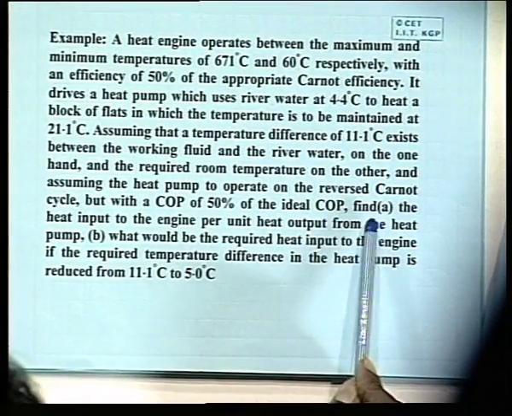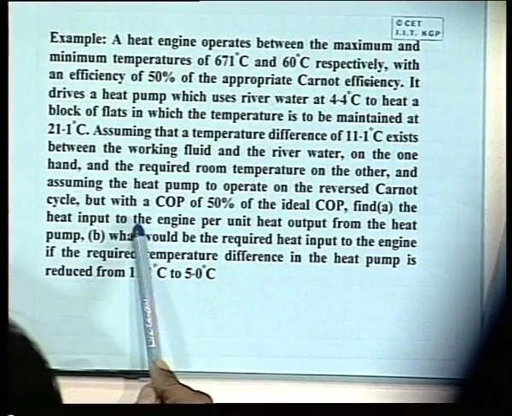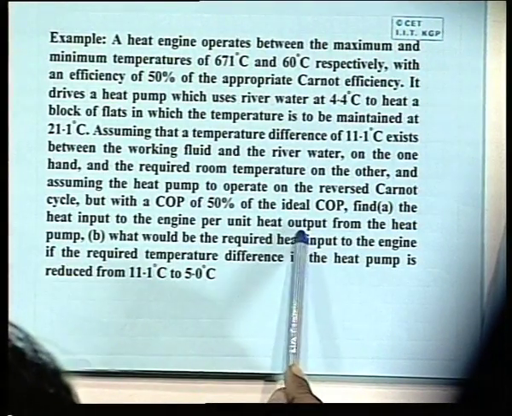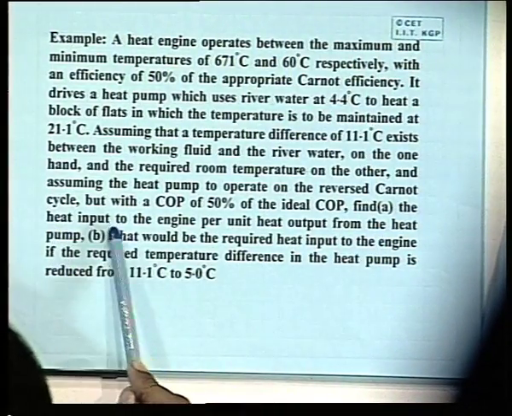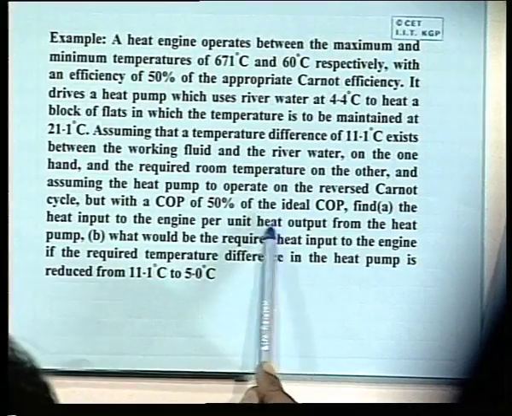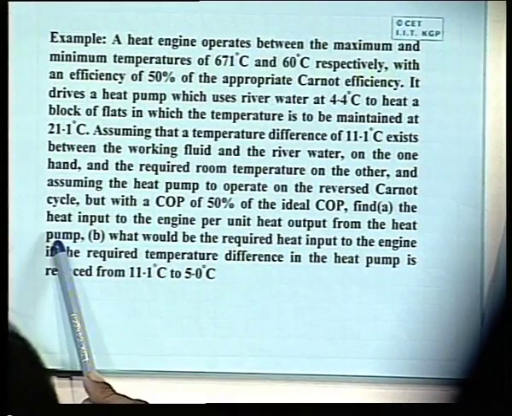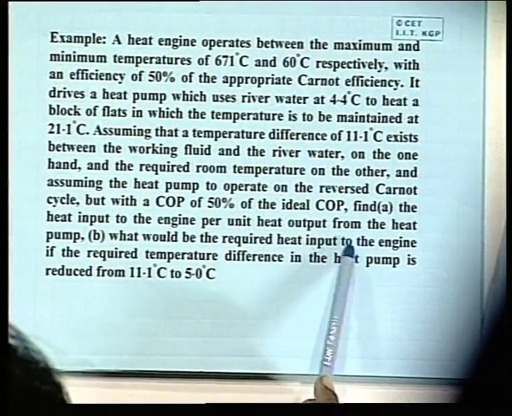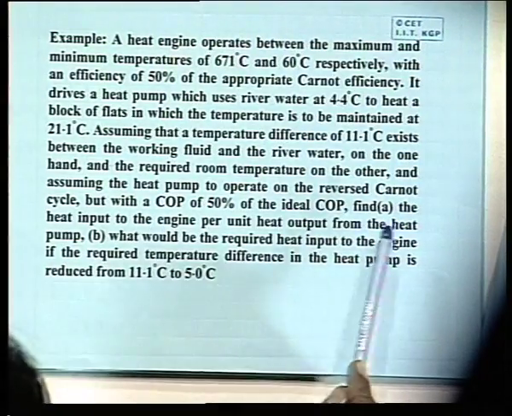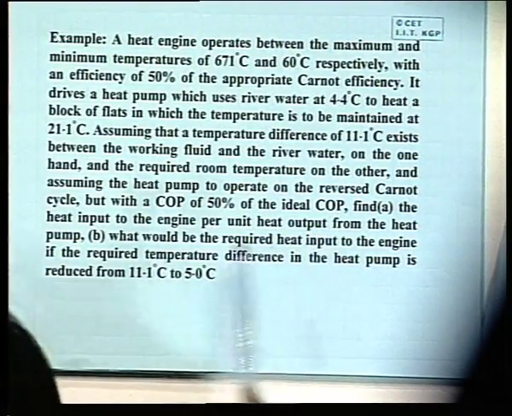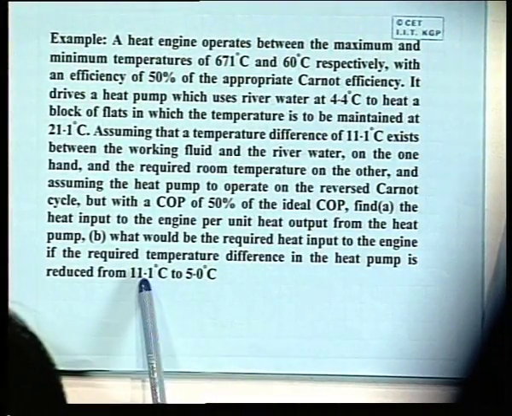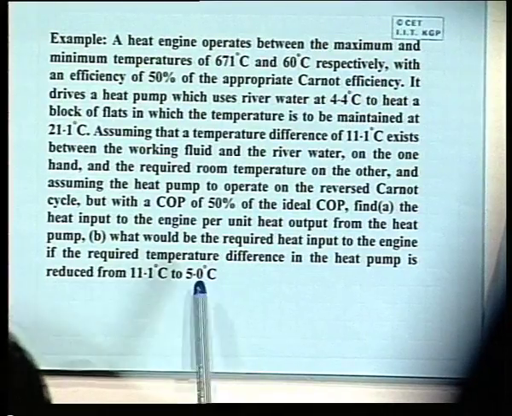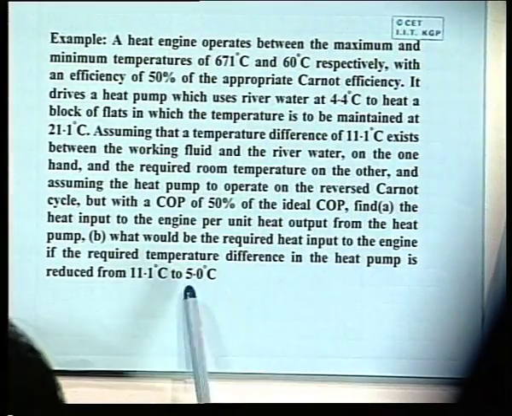So, if this be the case, we have to find out the heat input to the engine per unit heat output from the heat pump. And what would be the required heat input to the engine per unit heat output if the temperature difference in the heat pump is reduced from 11.1 degrees Celsius to 5 degrees?